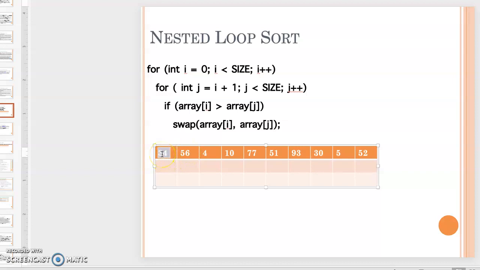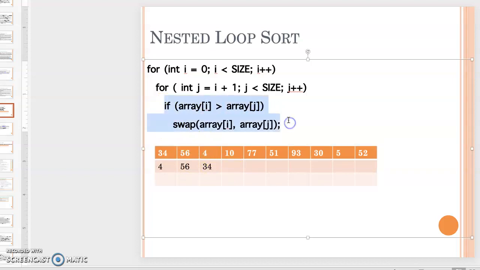However, we see the next one: 34 is greater than 4, which means this value is greater than the 4, so we should swap them. Then you will see your 4 comes here, 56 is still 56, but 34 is here. So that's our algorithm for this nested for loop.